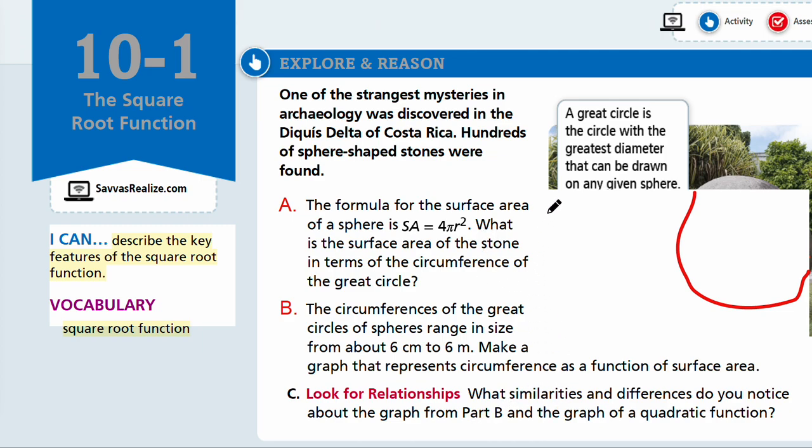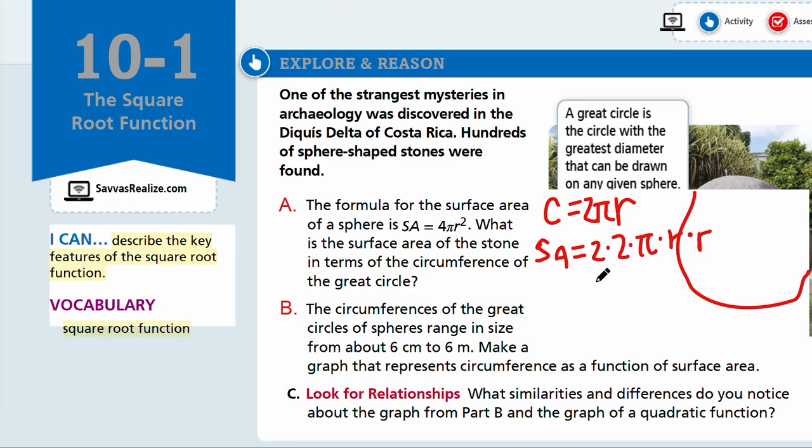Recall that the circumference of the circle is 2 pi r, right? Diameter times pi. So in terms of circumference, that means we're going to get rid of r and write it in terms of c. So we need 2 pi r, so surface area, SA, is 2 times pi times r, right?